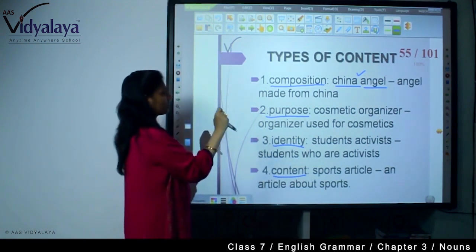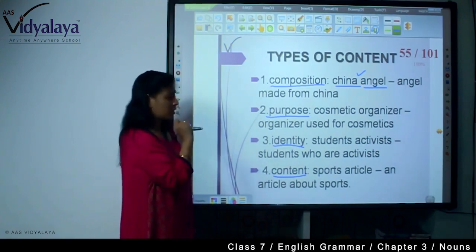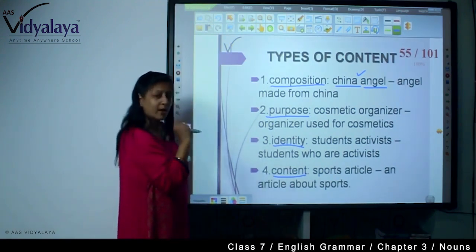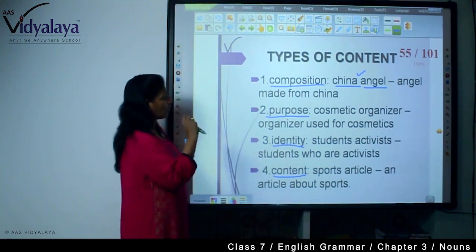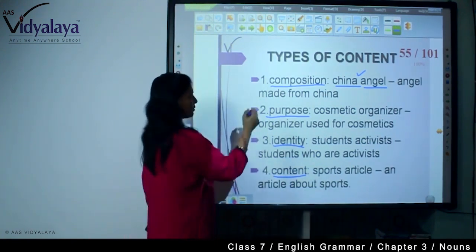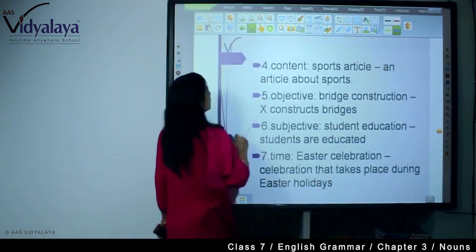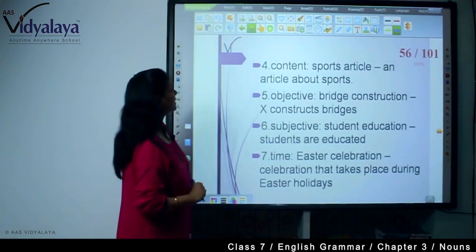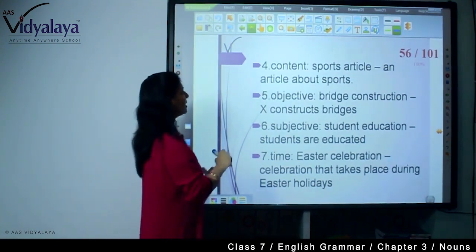And the meaning is actually clay made from China, organizer used for cosmetics, students who are activists, an article about sports. So instead of writing all this, we are using attributive nouns to give the information. These are shorter, written in a short way.